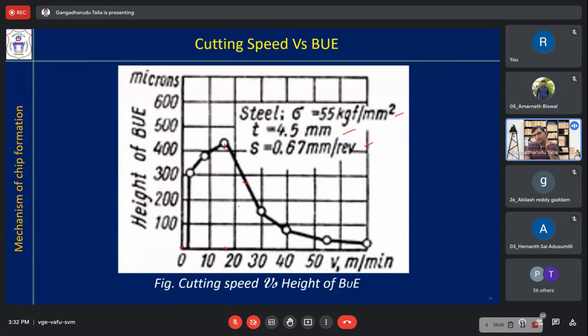Understood? If the friction is less, we have already discussed that. At high speed, continuous chip is forming and friction is less. If the friction is less, heat will also be less. And of course, the chip is also moving very rapidly. So built-up edge formation is less. This is the relation.